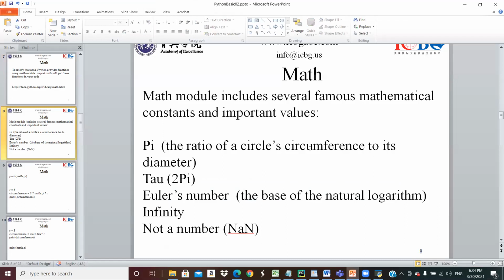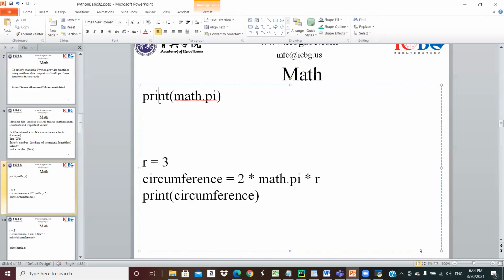Math has some constants. So what are the values? Let me show you an example. Print math pi. So how do we do it?